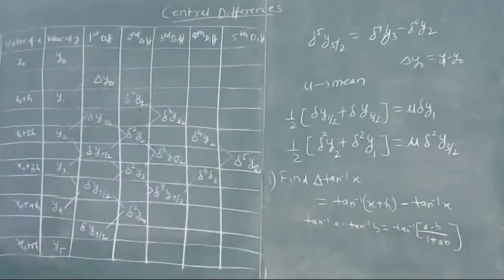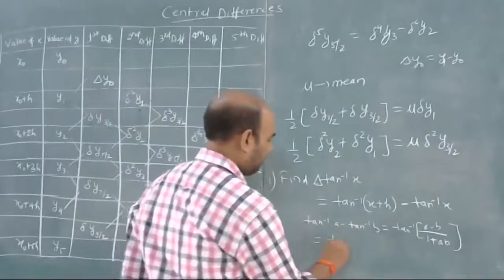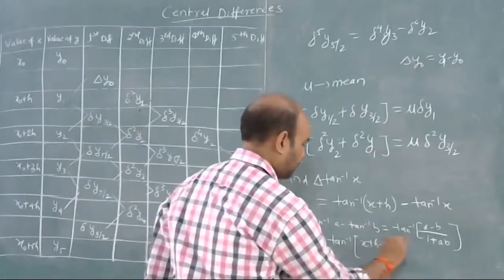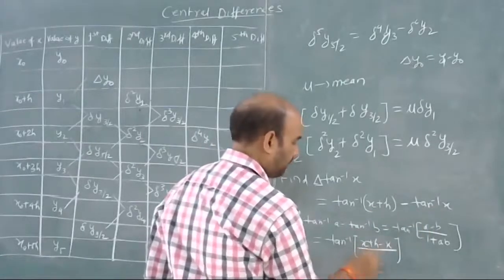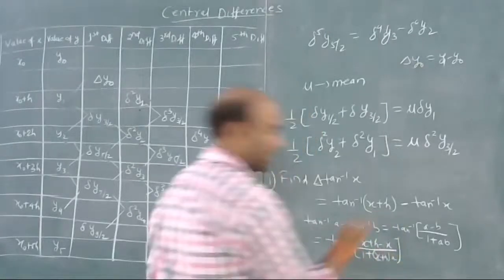So we have to use this formula. So this will be equal to tan inverse of (x plus h minus x), where x plus h is a and x is b, divided by 1 plus ab, that is 1 plus (x plus h) into x.